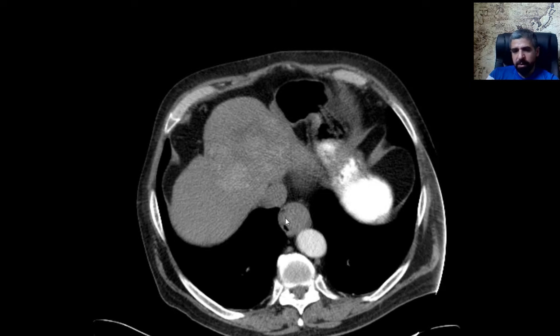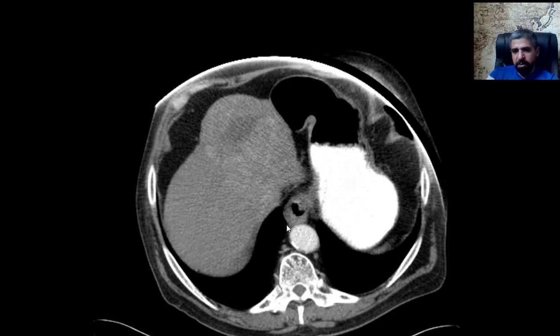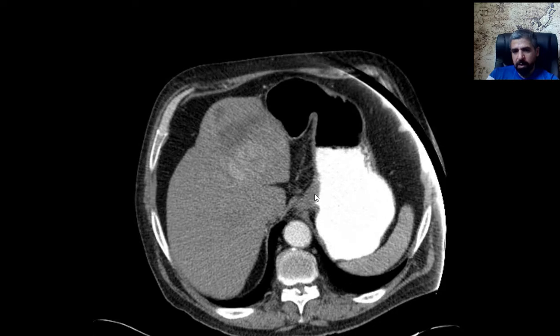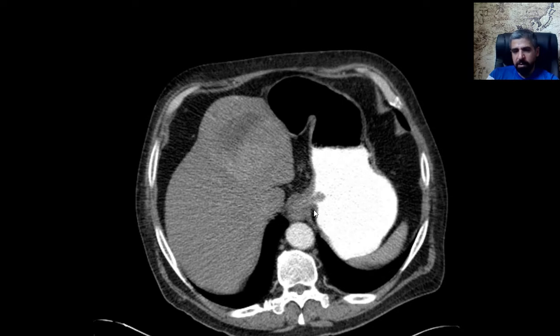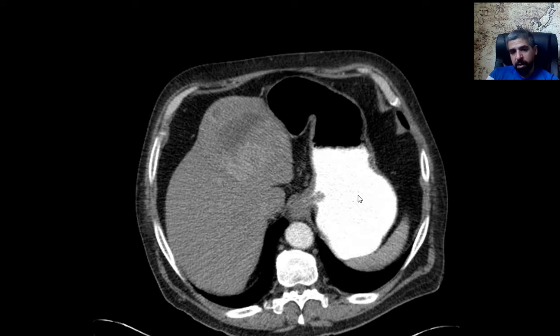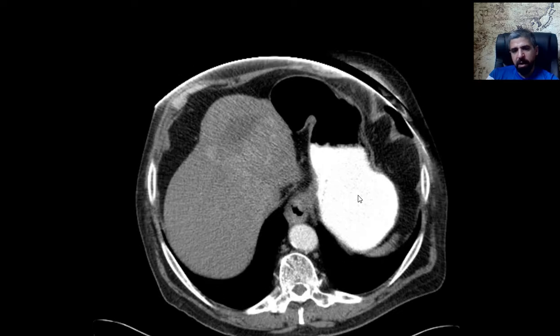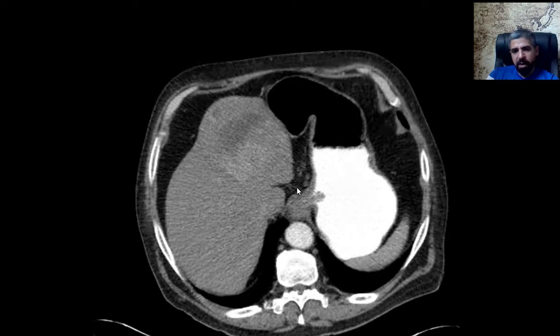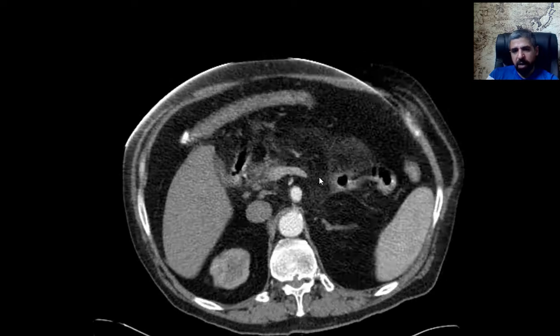This soft tissue mass is causing narrowing of the lumen of the esophagus, and if you go down you can see it bulging into the lumen of the stomach, like here. You can see how it's bulging, involving the gastroesophageal junction, and this is one of the things that I like about using oral contrast, positive oral contrast. So this will be an esophageal carcinoma with liver metastasis until proven otherwise.